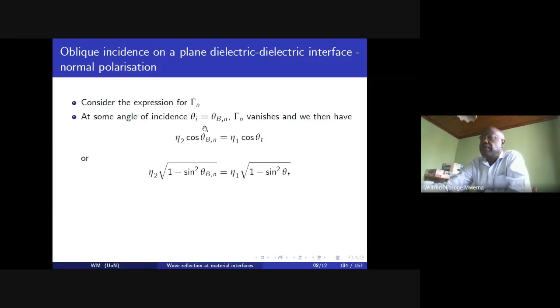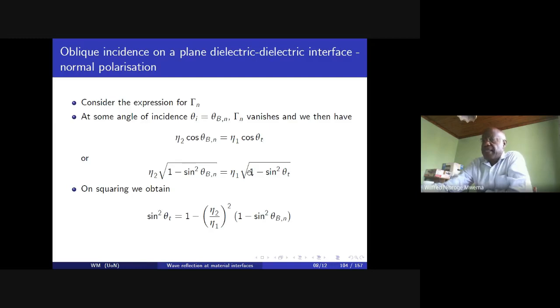We use the equation cos squared theta plus sine squared theta equal to unity. We can always change this into a sine, that into a sine. And this is what we have done here: eta 2 root 1 minus sine squared theta Bn equal to eta 1 root 1 minus sine squared theta t. Remember that this is related through Snell's law of refraction. We can relate that to the angle of incidence theta Bn.